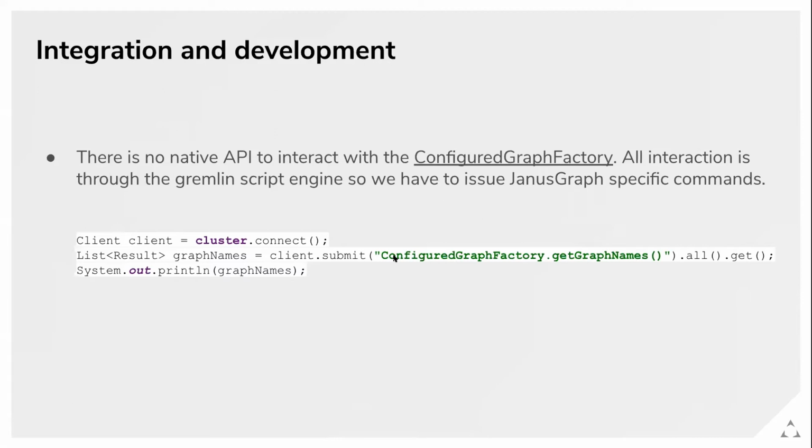So you need to issue commands from the client using the standard submit method to run Gremlin scripts on a remote server cluster. This is an example of listing the graph names, but of course you can use any other script in this string, for example, create a configuration or drop a graph or whatever other API you can call.